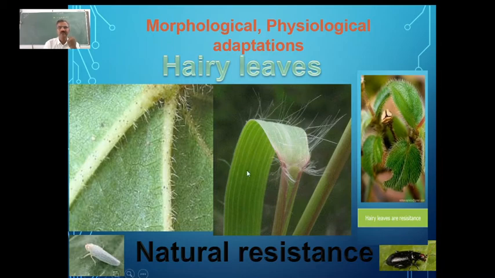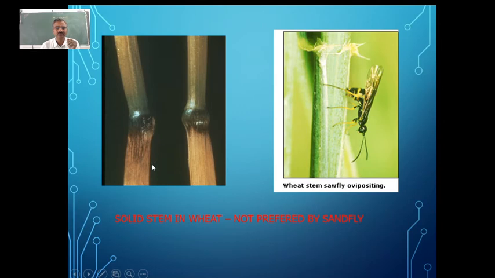If you look at this one, many plants have hairy leaves. In the case of tomato, you might have seen. In the case of maize, you might have seen. So like that, they have hairy leaves. Because of the hairy leaves, the insects cannot feed on them. They cannot grow. They become a hindrance to the insects.